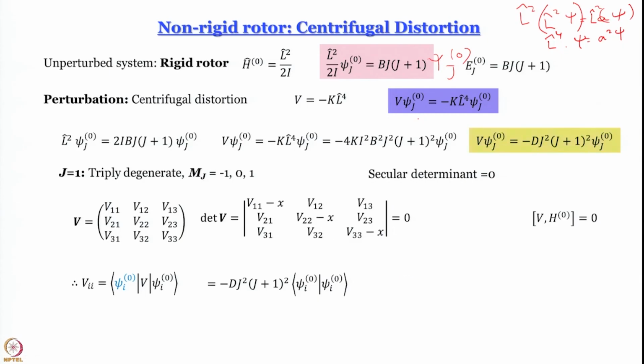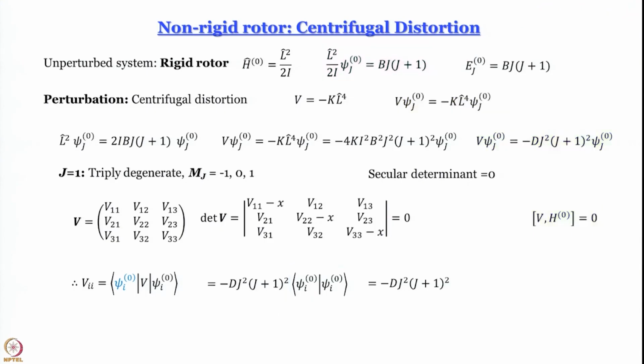What is that? We know what that is, is not it? We know that this is equal to 1. Great. So, already we have simplified and we have found the expressions for VII. So, the expression will be minus d into j square into j plus 1 whole square.